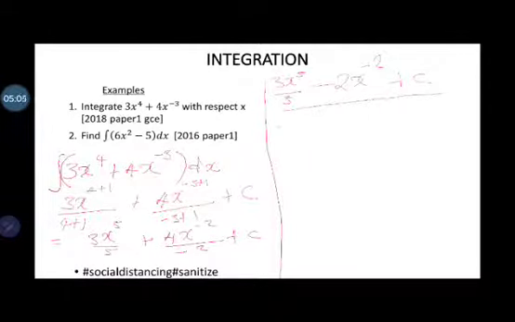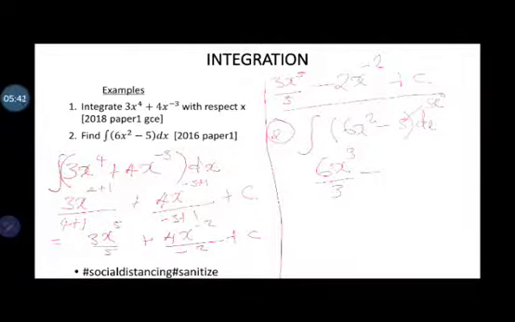Then for our second example, we have the integral of 6x squared minus 5 with respect to x. So we're going to have 6x, we add 1 to the power, we're going to have 3 over 3 minus what we have here is 5. But then 5 is the same as you having 5x to the power 0, because anything to the power 0 is 1.